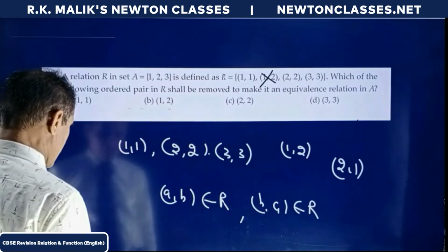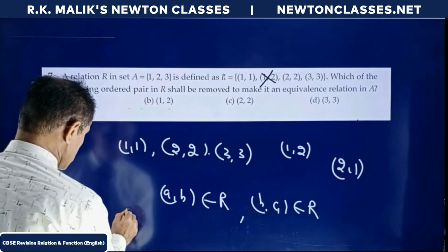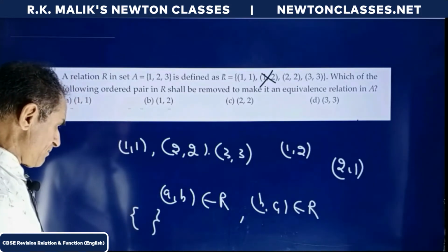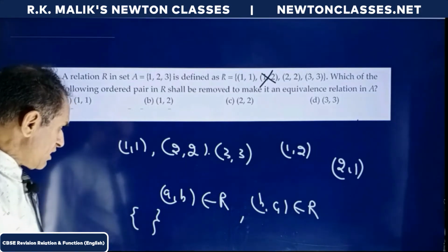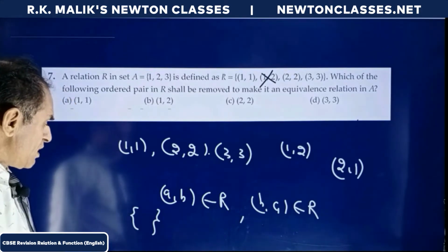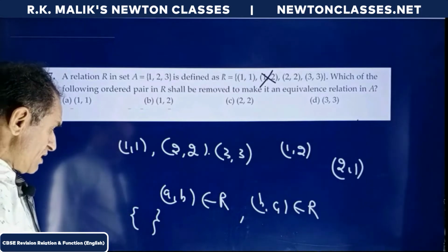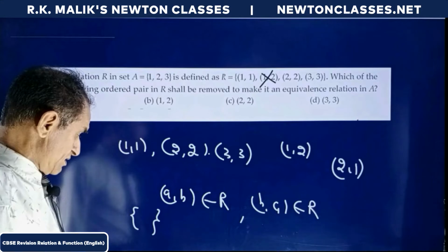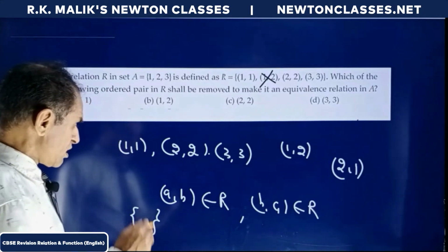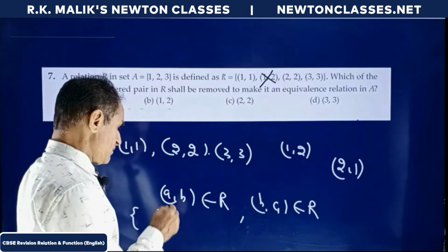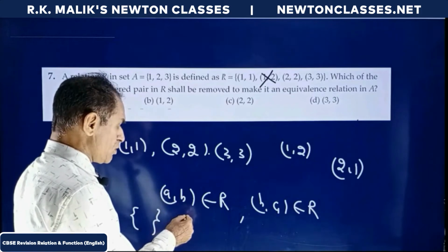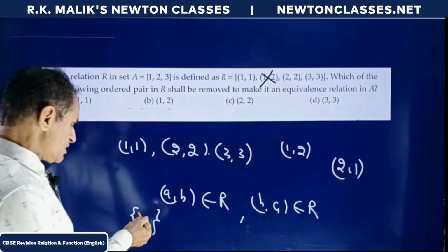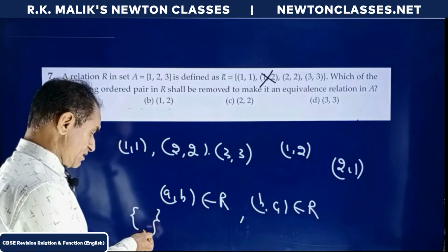Let me make this point clear again. Suppose we take the case of the empty set. Will the empty set be called a symmetric relation or not? Remember that the empty set will be called a symmetric relation, because the condition of a symmetric relation is whenever (A, B) belongs to R, then (B, A) must belong to R. But there is no ordered pair in it.